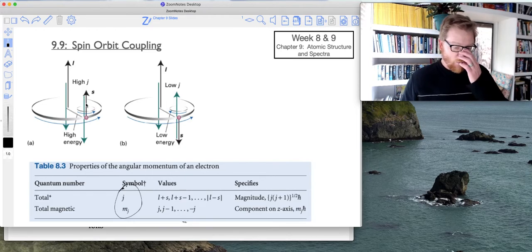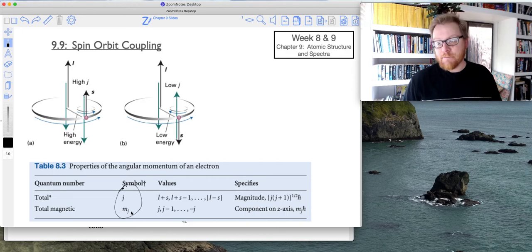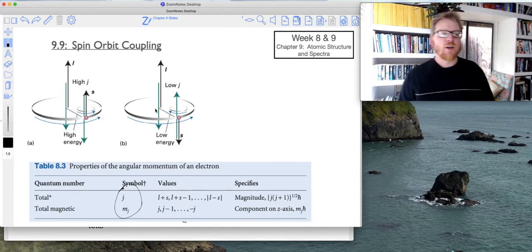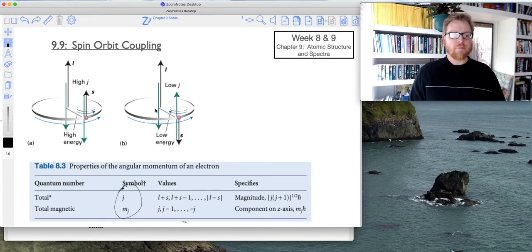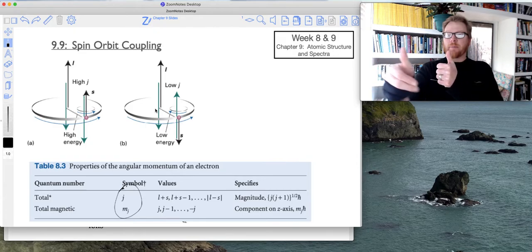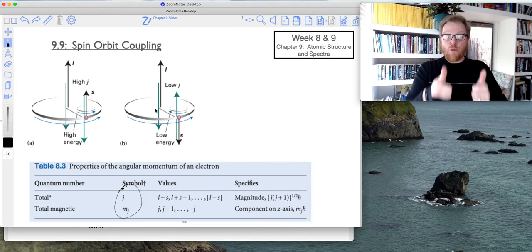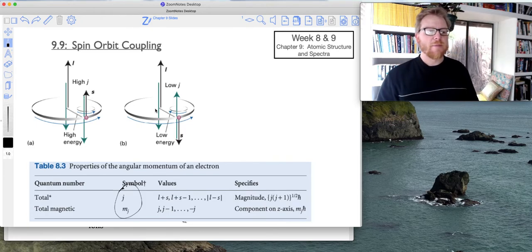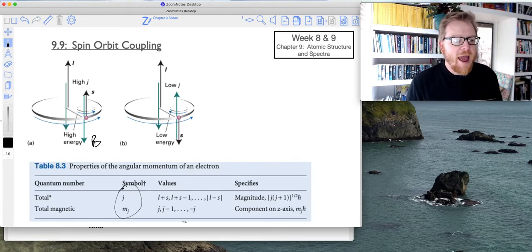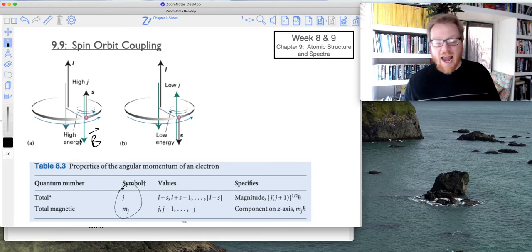And so we come up with this new quantum number to describe the total angular momentum, which is J and mj. For this very simple system that I've highlighted, which is all that we're going to get into in this class, we have a high J and a low J. The high J is given when both the angular momentum and the spin are parallel, so both angular momentums are pointing in the same direction, and there is a resulting magnetic field given by these green arrows.